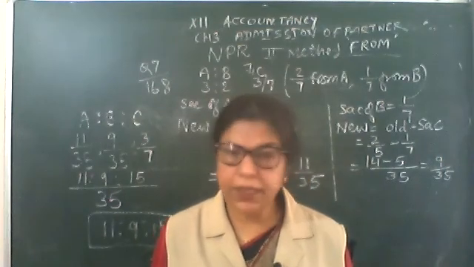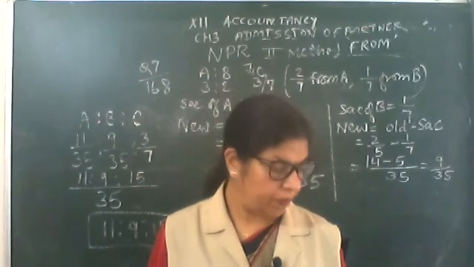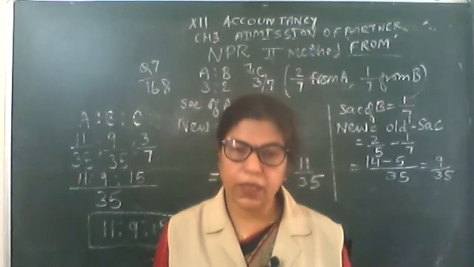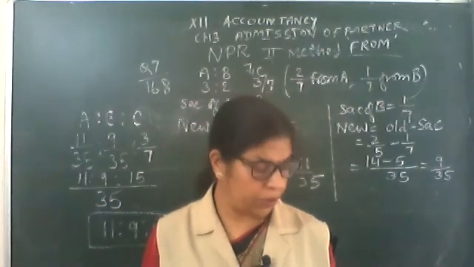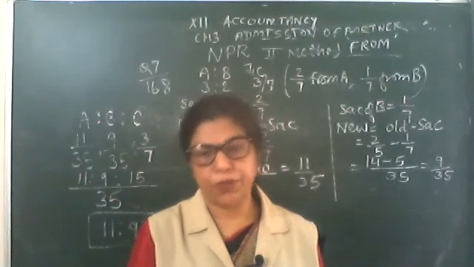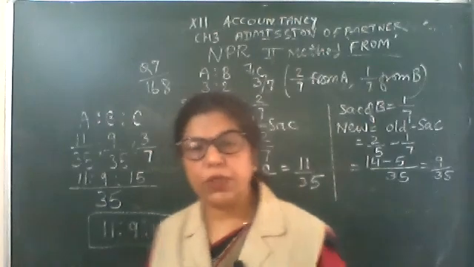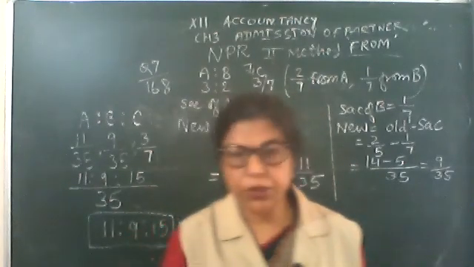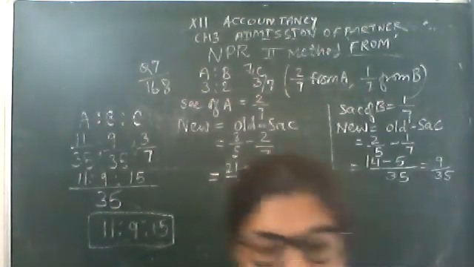They admitted D for 1/5 share, which he acquired from A, B, and C in 2:2:1 ratio. Calculate the new profit sharing ratio. So children, you have to do these 4 questions by the same method. I'm sure you will understand, and still if you have doubt, feel free to ask.